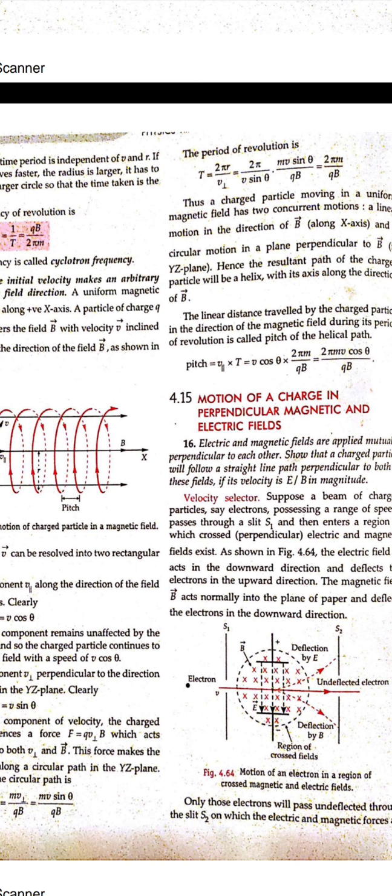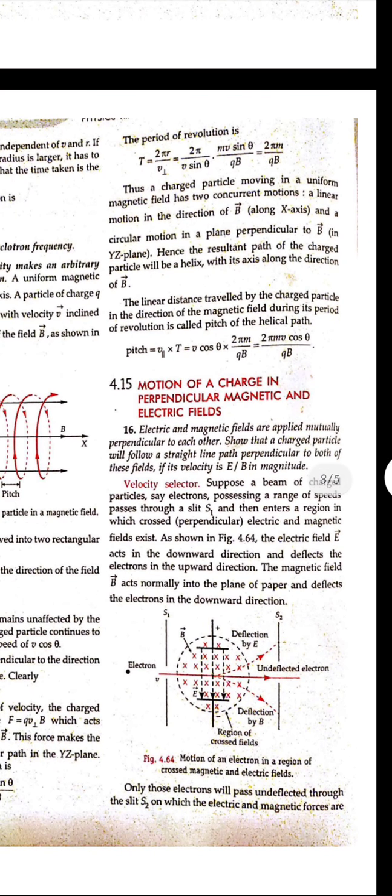So if it makes an angle, then it will move with a helical shape along the direction of the magnetic field B. The linear distance traveled by the charged particle in the direction of the magnetic field during its period of revolution is known as the pitch, that is the maximum distance traveled along the axis.